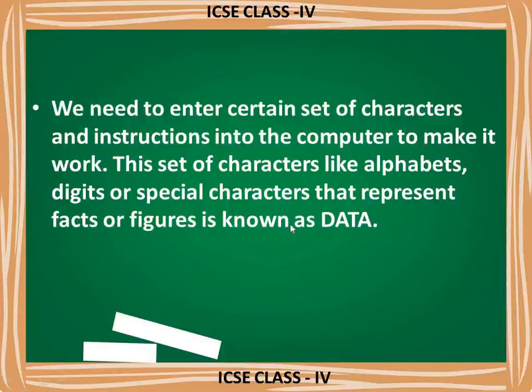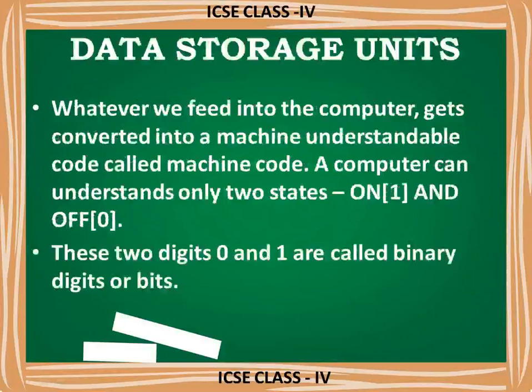Now I'm going to take the next point, that is data storage units. Whatever we feed into the computer gets converted into a machine understandable code called machine code. The computer doesn't know the English language, it knows only 0 and 1, the binary language.